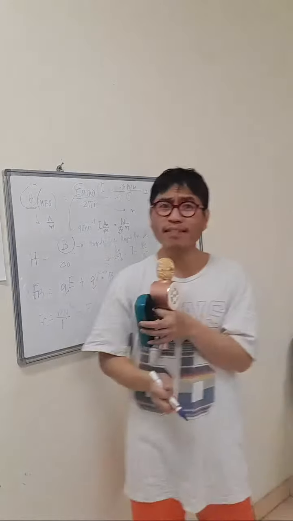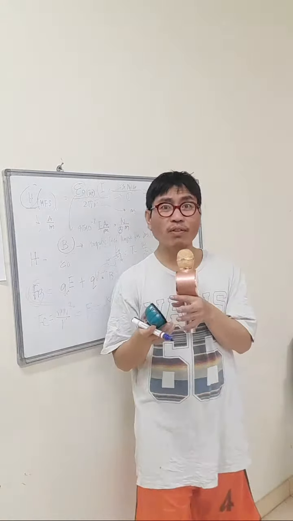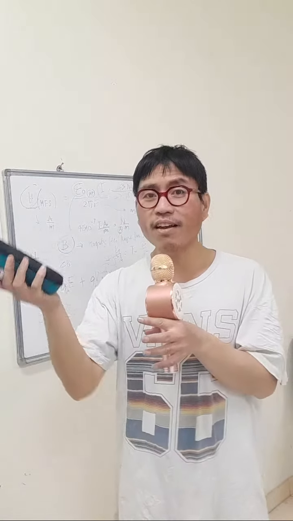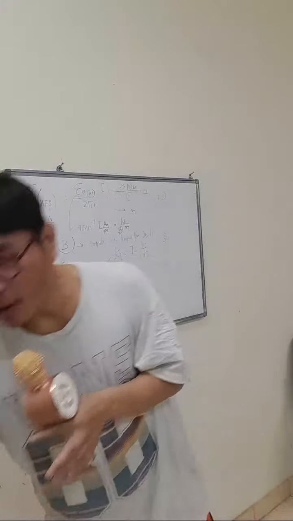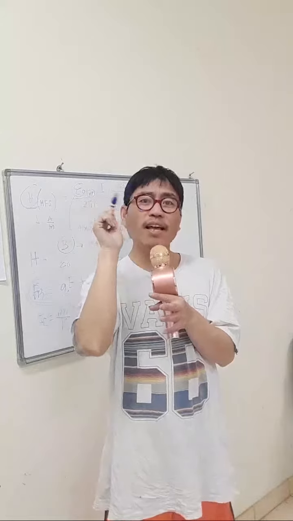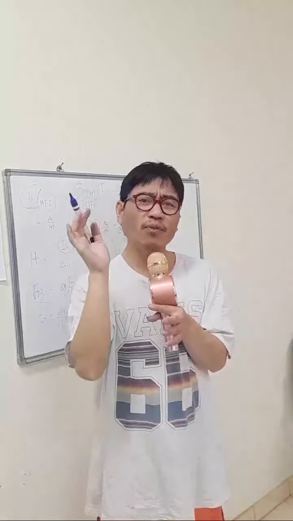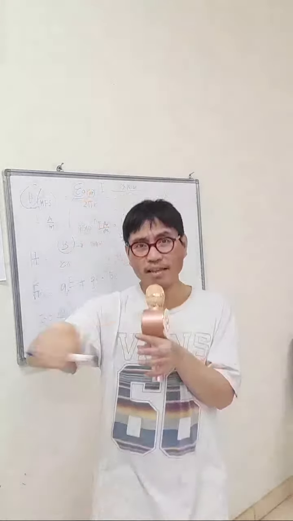Why sine theta? It comes from the right triangle law, the Pythagorean theorem. It creates a right triangle. You remember that one? C squared is equal to A squared plus B squared, where C is the hypotenuse, B is the opposite side, and A is the base.